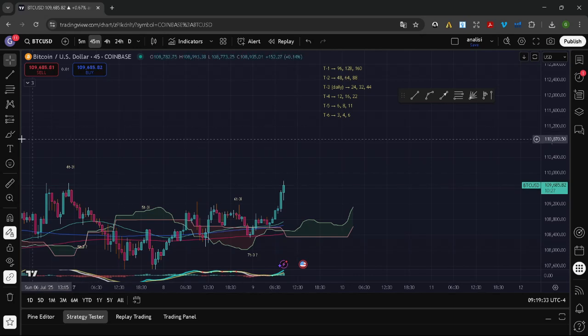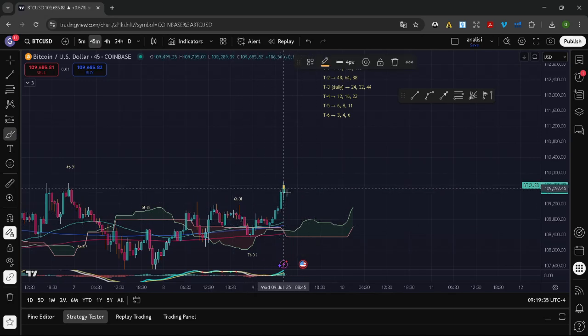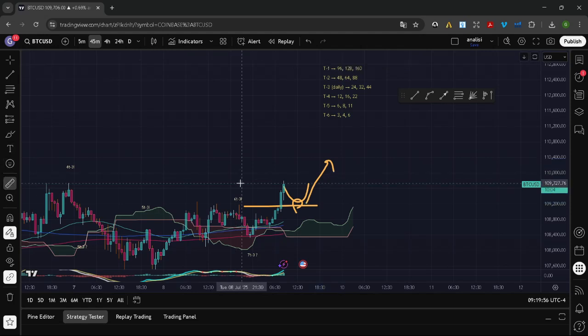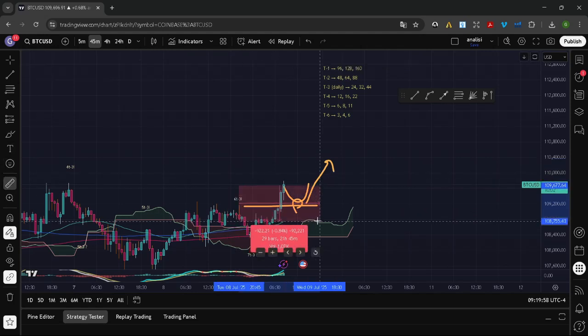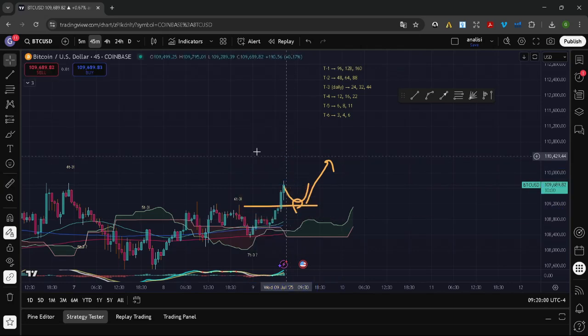So for example, if we have a cycle like this and we return at this point before 24 bars, okay, we can also take a long position to take an increased range, and we can hold this long position until this time.